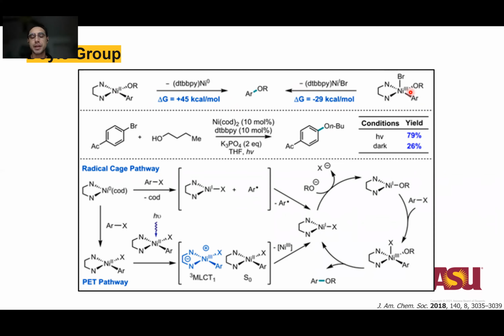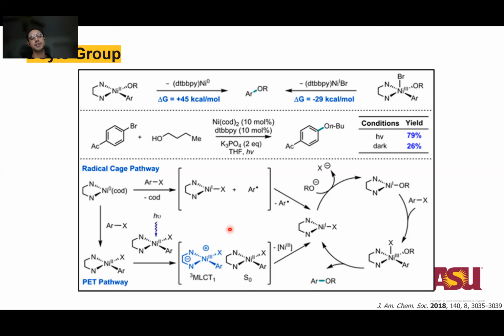Now this reductive elimination step, to form your coupled product and nickel 1, is a lot more thermodynamically favorable, and even spontaneous, right? So you have a negative delta G here. Here they've shown the reaction scheme again, and they noted that this reaction still produces yield in the dark, albeit substantially less yield than under the irradiation conditions.